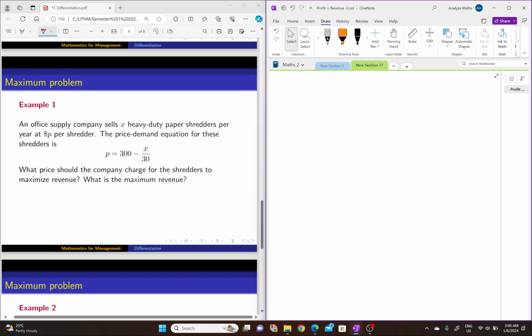An office supply company sells X heavy duty paper shredders. The price demand equation is given there. That is the function for price in terms of X. What price should the company charge for the shredder to maximize the revenue? So which one are we going to maximize? Revenue. Find the revenue function here.